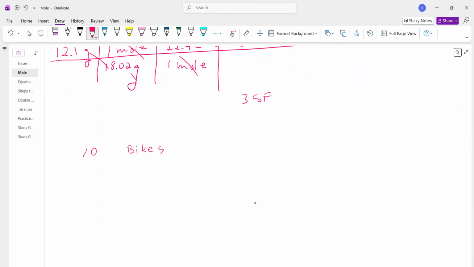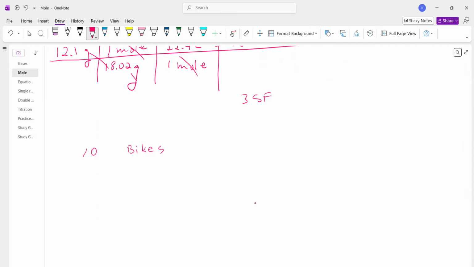If we have 10 bikes, and I asked you, how many wheels do I have? How would you do that problem? 10 times 2? Why'd you multiply? Why didn't you divide?